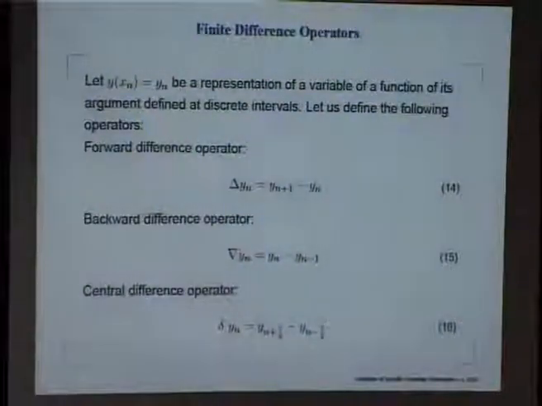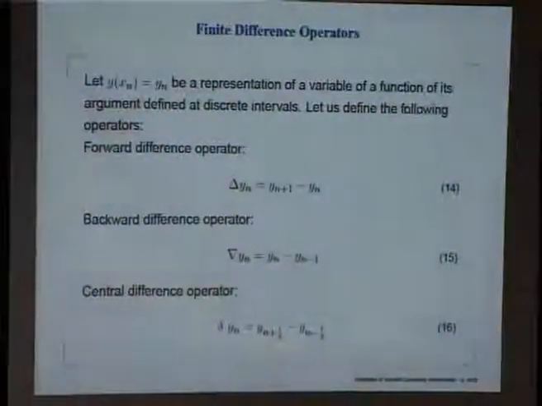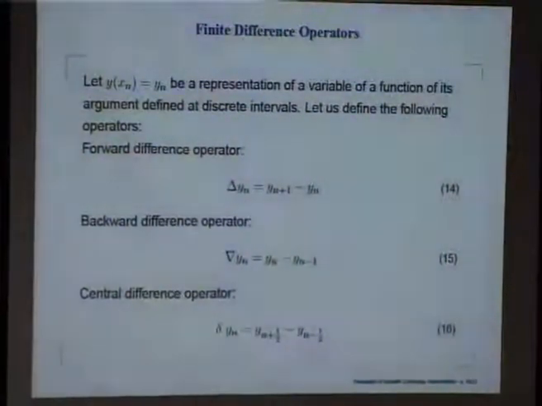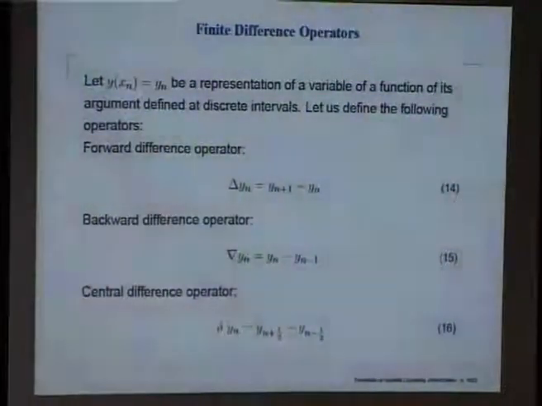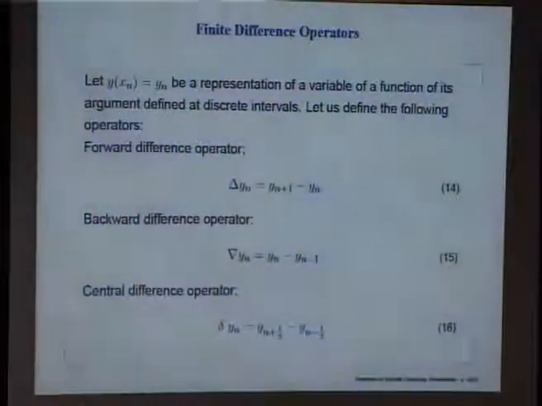The central difference operator, you notice that it is half a point to the right, half a point to the left. Well, we could also do it with integral points, but then what happens? The accuracy depends on delta x. So, if instead of taking delta x, I take delta x by 2, my accuracy will improve.